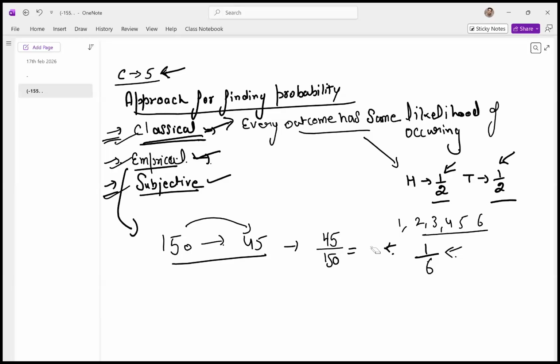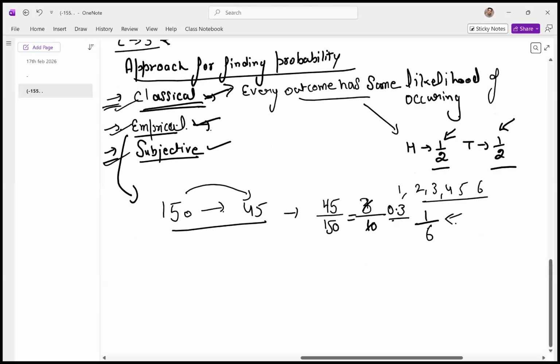Or no, not 1 over 3. I will say it as 3 over 10, which will be 0.3, or 30% of the calls, not 33.